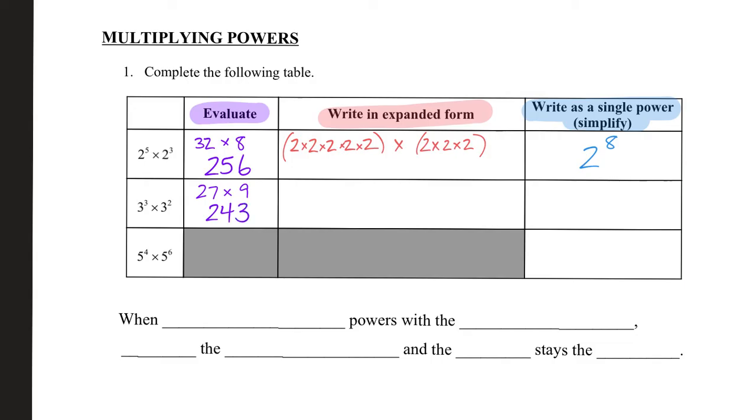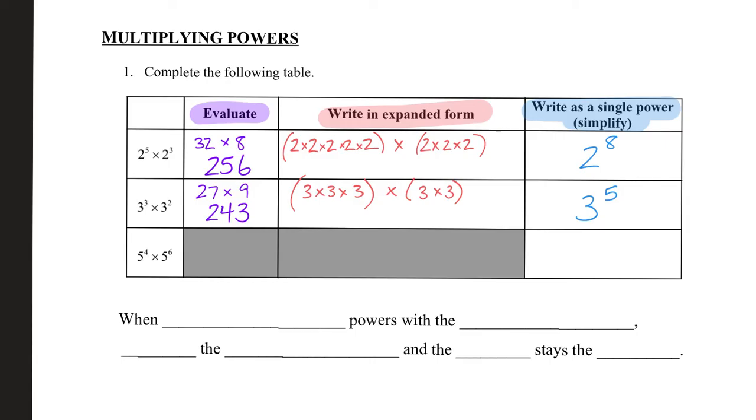Okay, now I take my expanded form. Well, my expanded form says take 3 3s and multiply that by 2 3s. There's my expanded form. And now if I look at that, I really have 5 of the base 3 separated by multiply. Okay, that's what our middle row should look like.